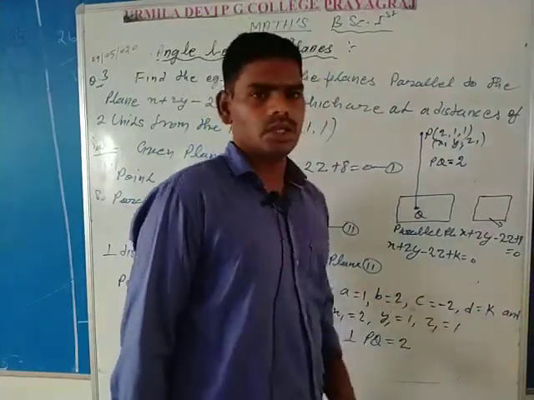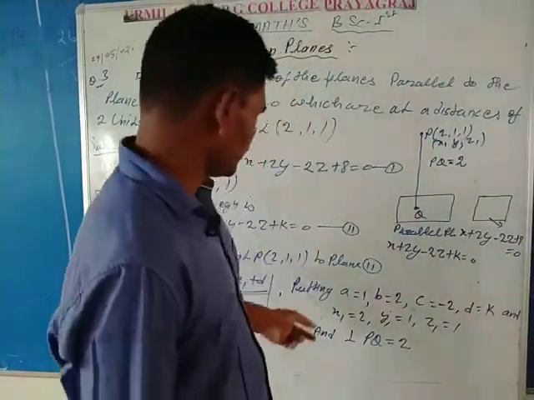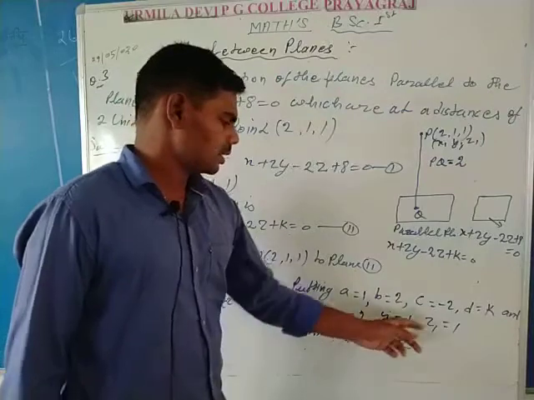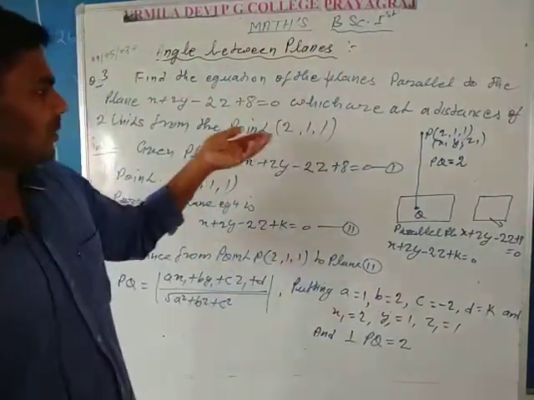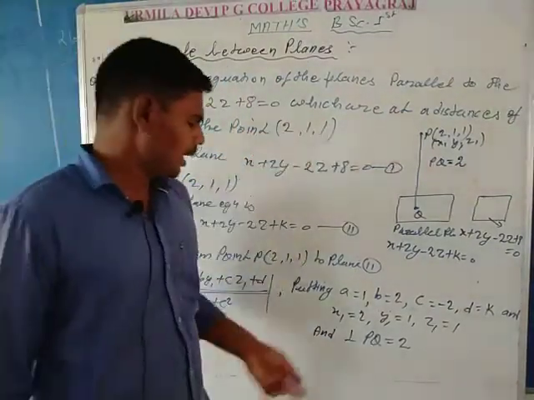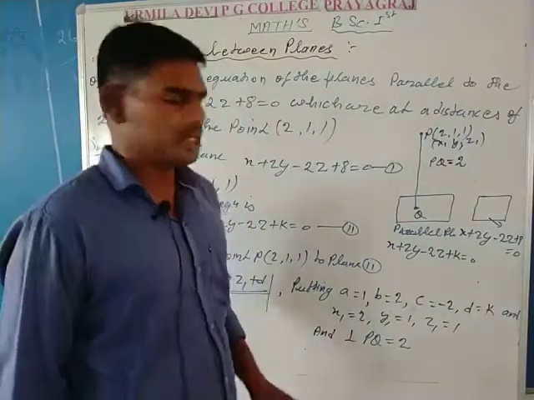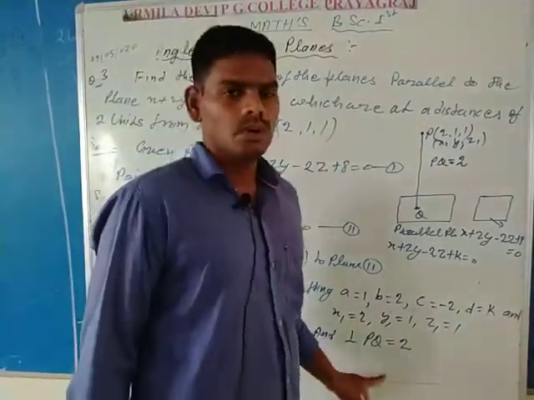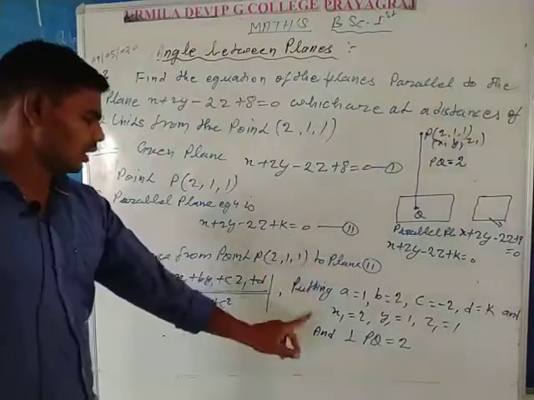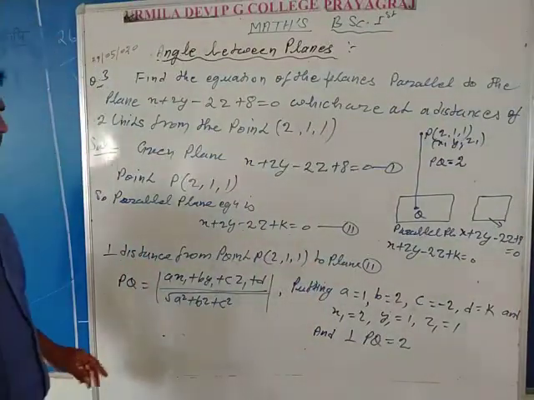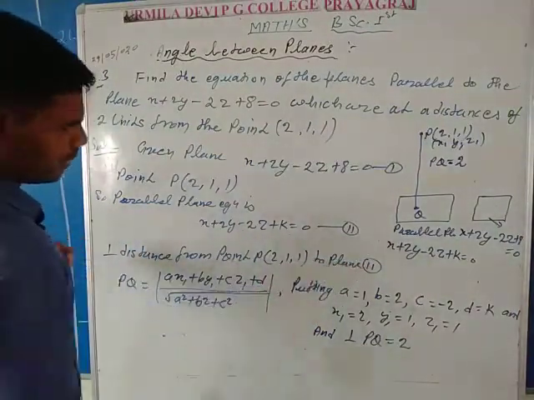Therefore, putting D equal to k and the coordinates x1, y1, z1 as (2, 1, 1), and PQ equal to 2, we put these values in this equation and find the unknown D.